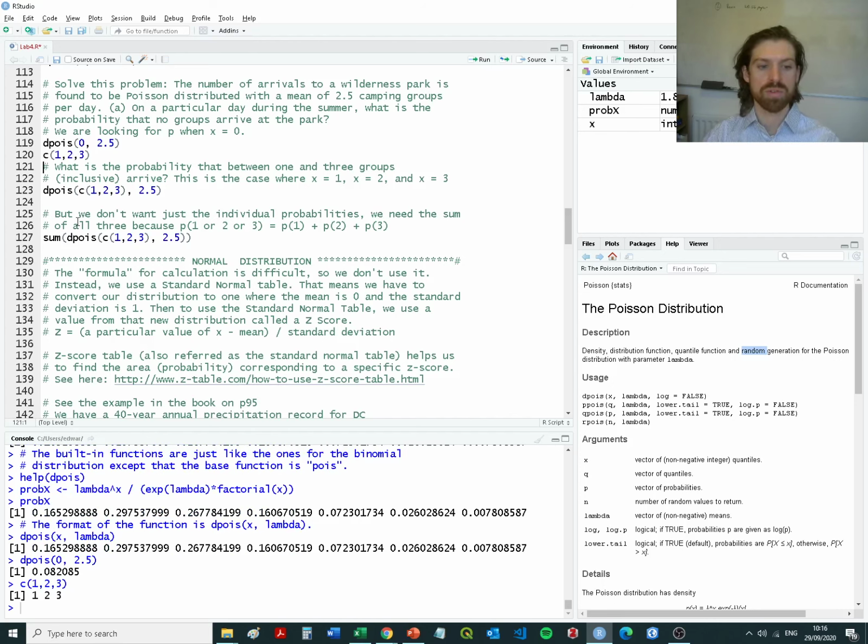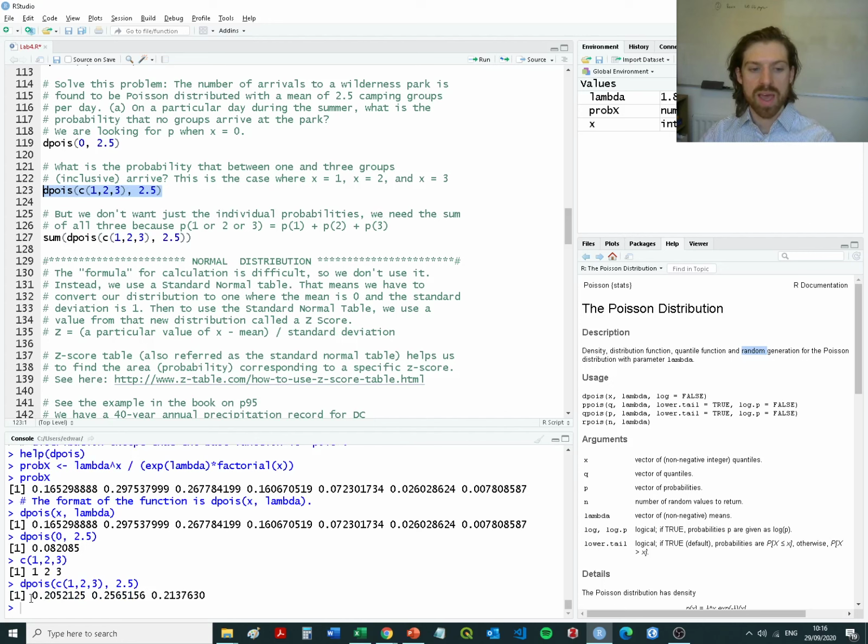If you haven't seen that before, that's just telling R that you want to create a data structure out of these. So we're able to input that straight into the function along with the mean number. And essentially when we run it, what we get is the distribution for those outcomes for 1 group, 2 groups, or 3 groups.